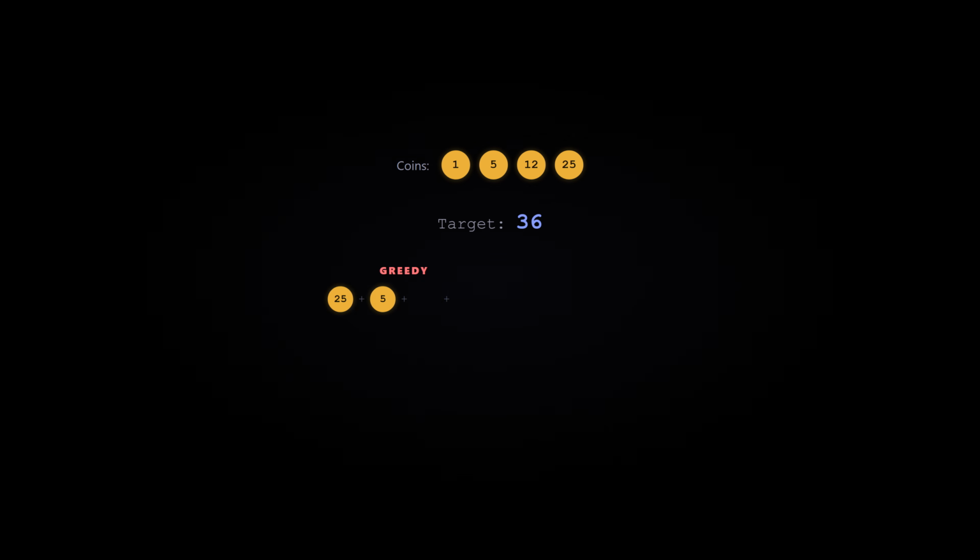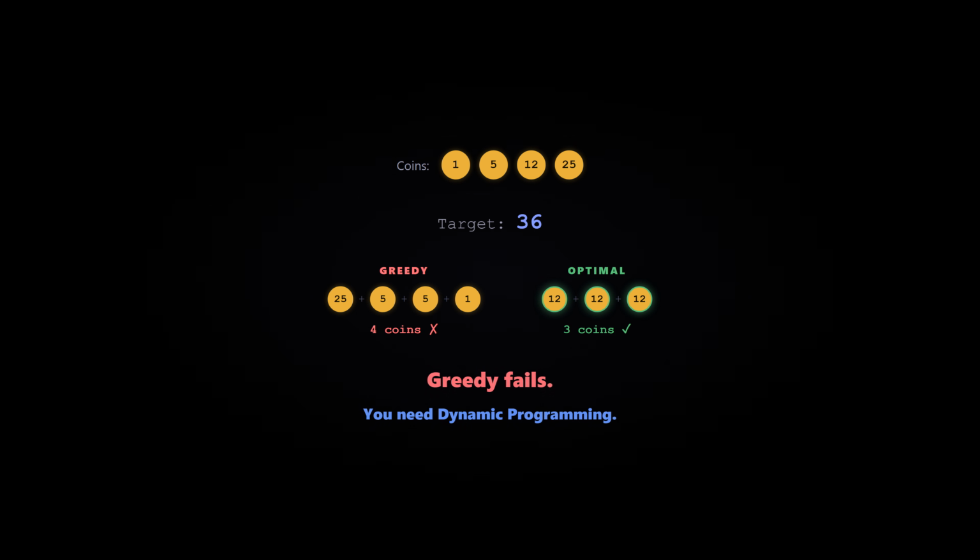The greedy strategy says to start with 25, then throw in a 5, another 5, and a 1. You end up using 4 coins total, which seems decent. But if you just use 3 12 coins, you also get 36, and that's only 3 coins. Greedy completely missed the optimal solution. That's exactly why we need something a bit more principled, which is where dynamic programming comes in.